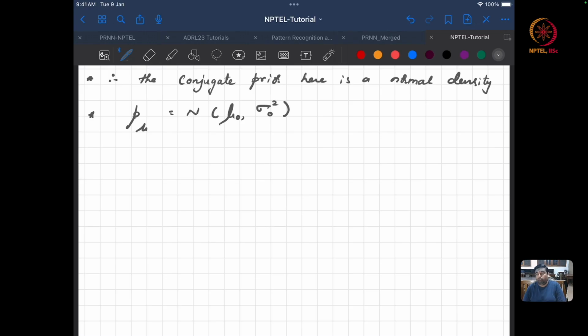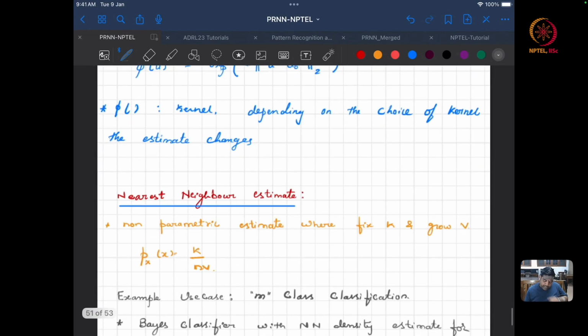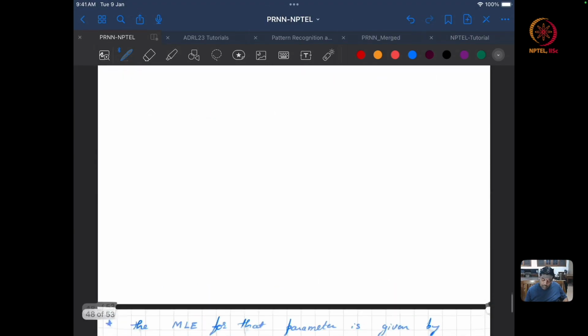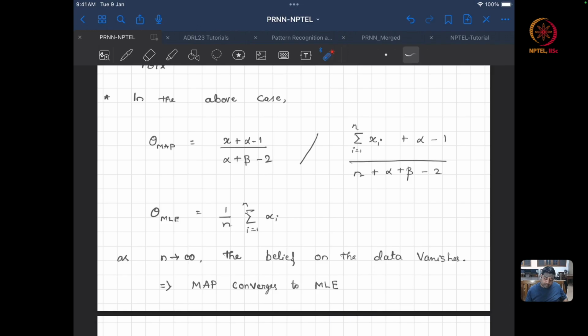Just as with the beta densities, where in class you looked at a conjugate prior, you had alpha and beta as hyperparameters.